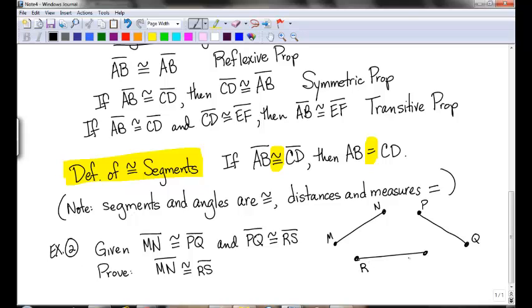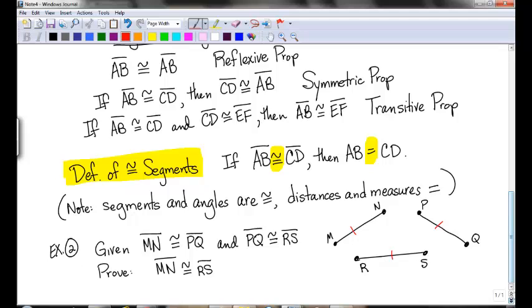R and S. Okay, so we're given that segment MN is congruent to PQ, and PQ is congruent to RS. So we could even do this. This is congruent to this. Is congruent to this. What they want you to show is MN is congruent to RS.